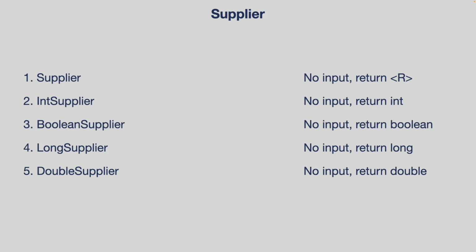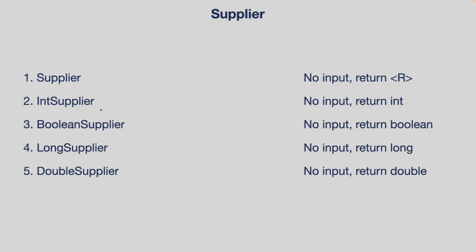Now the second is the supplier. There are five functional interfaces related to supplier. First is the simple supplier. All of these functional interfaces are related to supplier, and all the suppliers do not take any input. Supplier only returns. First is the default Supplier that returns R, meaning any type of data type.